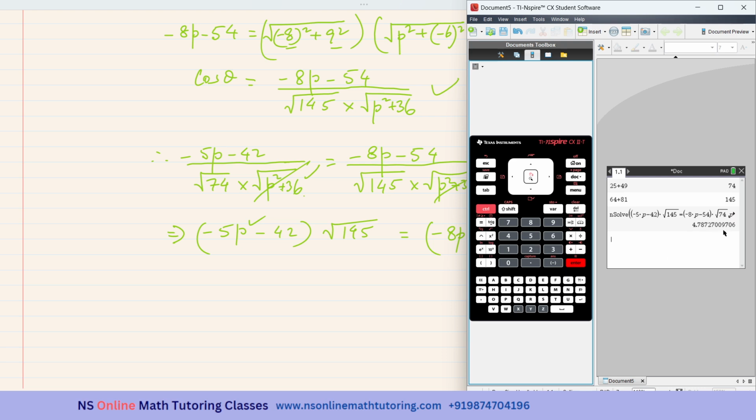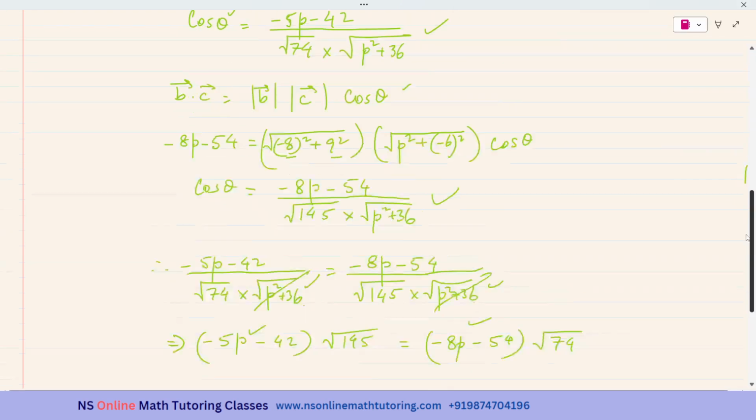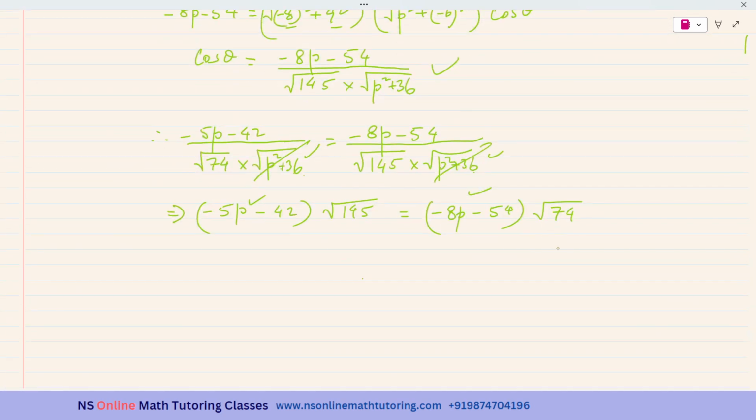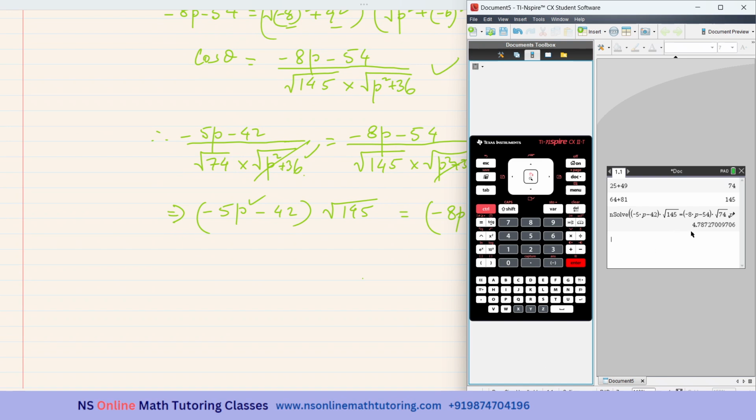p is equal to 4.78. Let me see what, find the value of p. So I'm not getting any integer value, but it is the value that the calculator has given, so it has to be correct, and I have not made any mistake in my calculation. So I'll be taking this as the value of p, 4.79, correct to 3 significant figures.